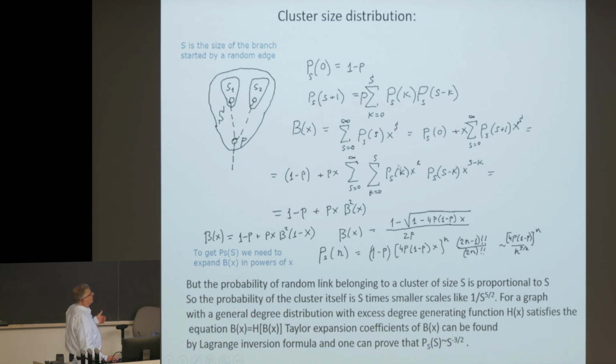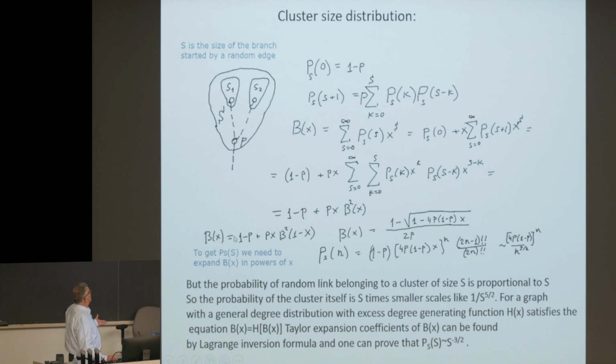Again, the generating function gives you a very nice and simple way of calculating, because of this type of summation, when you compute what is the size of the sum of these two clusters, which are branches or sub-branches of this big branch, given by this formula. Then when you multiply it by x to the s, very simple algebra gives you this very simple formula for the generating function of this distribution of the component sizes.